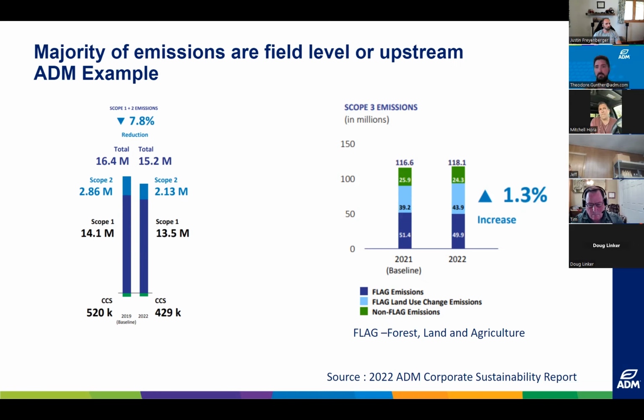It still can be, but most of what we're talking about with our programs here in Iowa and the Midwest are going to be focused on those forest, land, and agricultural emissions, and less so land use change because there just simply are fewer acres that are being converted. But what's important for the farmers on here is, hey, we're maybe not converting acres, but it is still something that's being looked at, because sometimes there are still acres that are being converted. It's still a metric. It's still a part of the equation. It can be, yes.